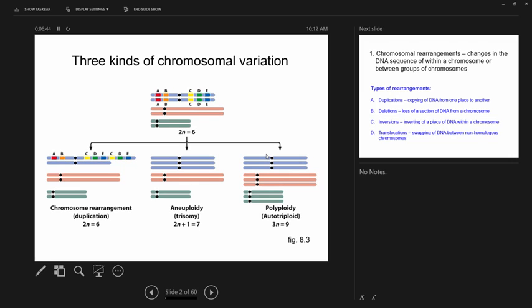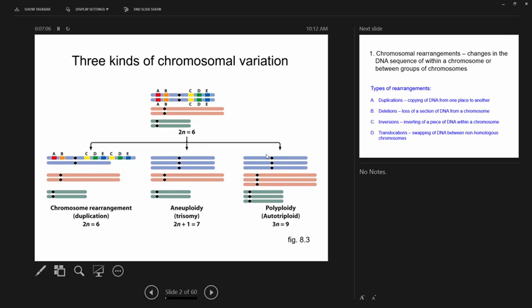This is not trisomy, and this is not triploid. Triploid refers to the whole genome. Trisomy or tetrasomy or monosomy or nullosomy or anything with somy refers to changes in just one chromosome. And I'll get to the numbering too, so don't worry about that.